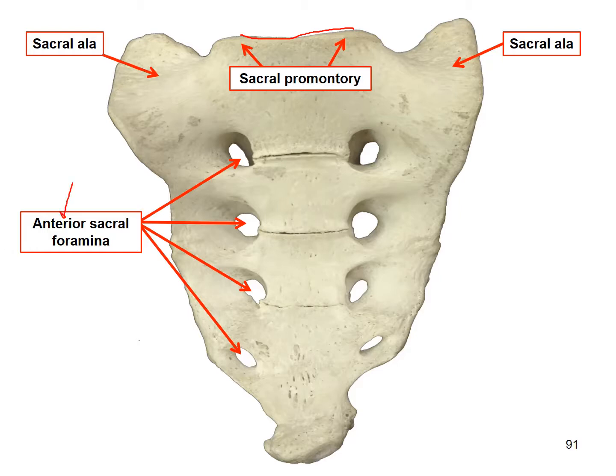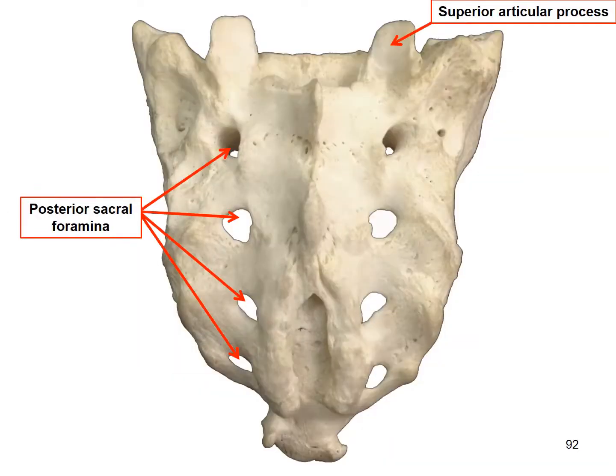Now, this is specifically talking about the anterior sacral foramina as opposed to the posterior sacral foramina. It's still, in general, the sacral foramina. So for our purposes on the exam, I'm just going to be happy if you know it's sacral foramina. I don't care that you tell me whether it's posterior or anterior.